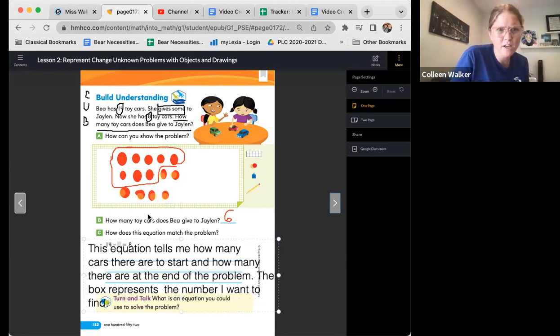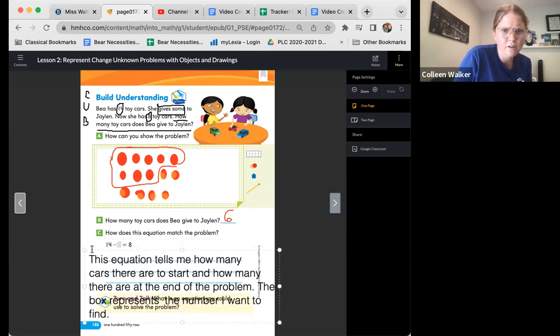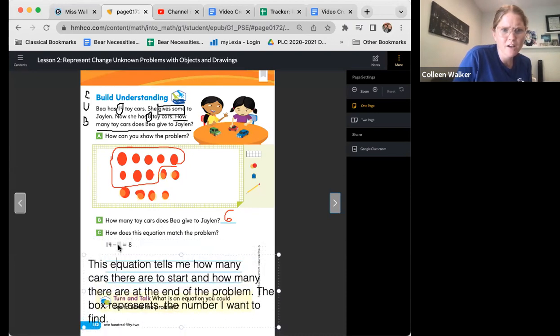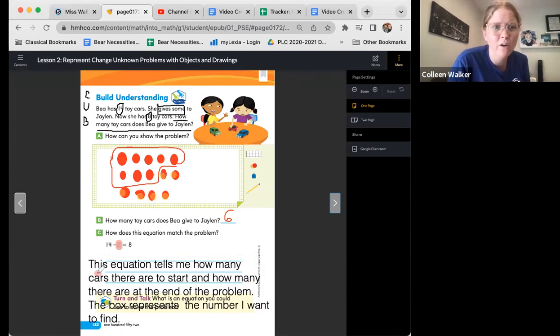So this box right here, that box right there. Let me see if I can highlight it for you guys. This box right here, that represents what we were trying to figure out. Awesome.